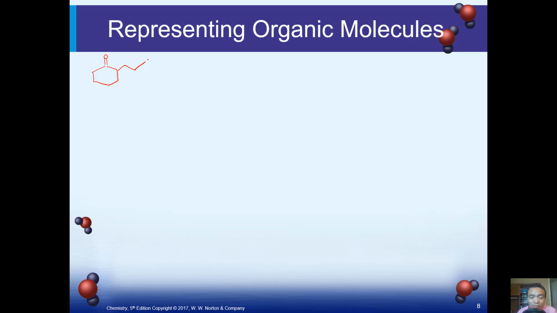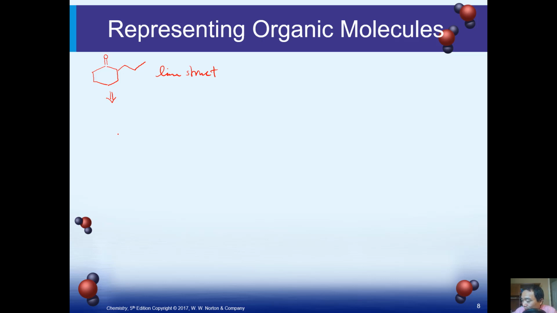Can you write the other 3 different representations based on this structure? We can, because we know from the line structure, the corners or terminals are the carbons with a certain number of hydrogens, but they are not indicated. The heteroatom, as you can see, the oxygen over here, is indicated. If you have hydrogens on heteroatoms, they should be indicated as well. Right. So look at the structure.